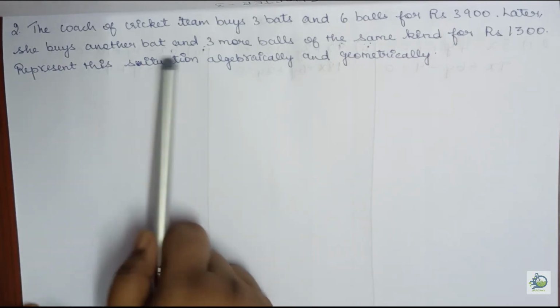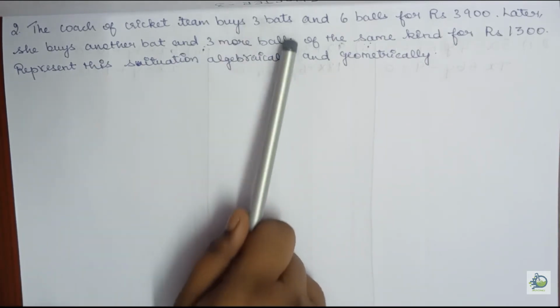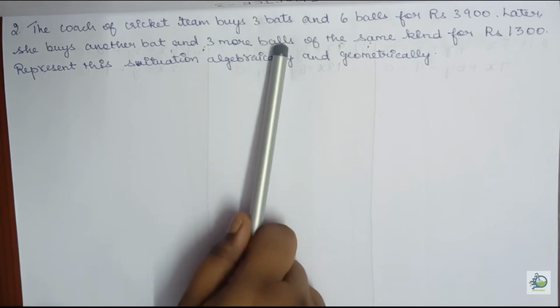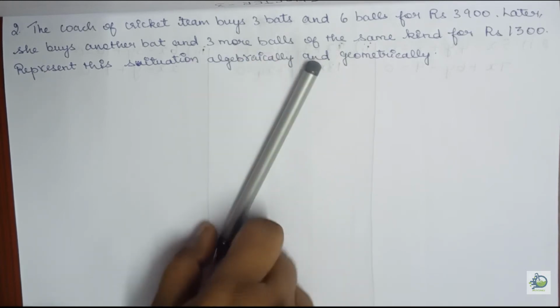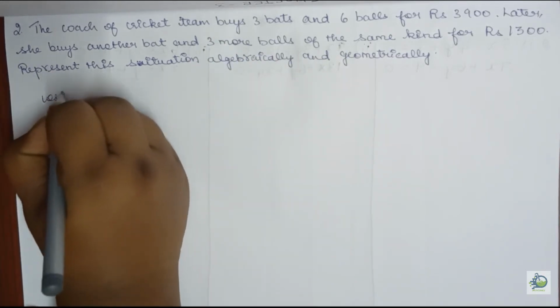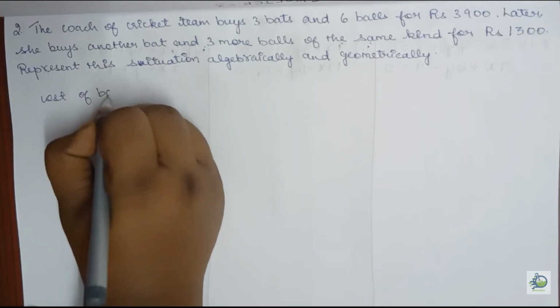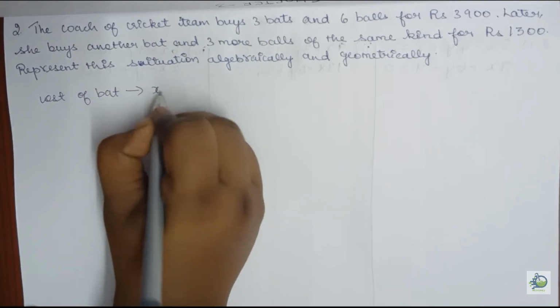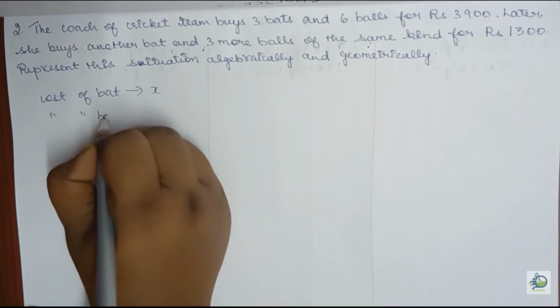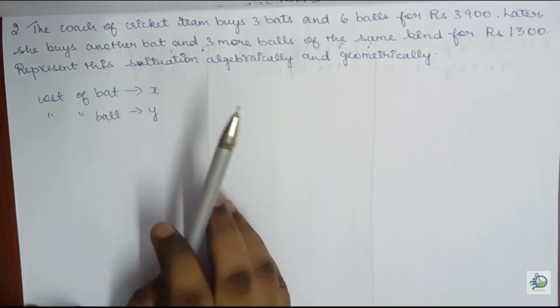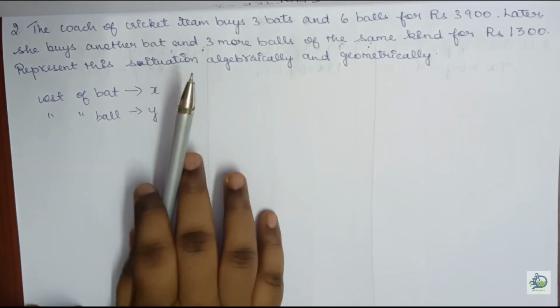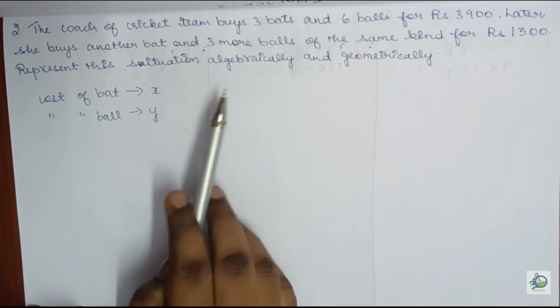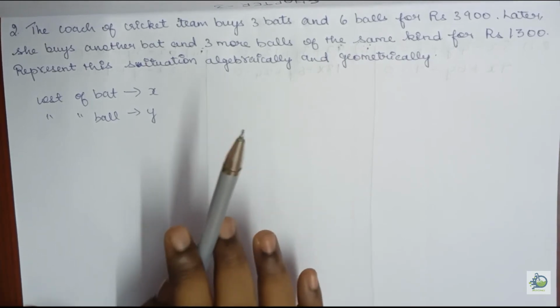Okay, now we don't know the cost of a bat and a ball, so we can consider it as x and y. So the cost of a bat is x and the cost of a ball is y. To find the total cost, we multiply the number of things bought with the cost of that product.